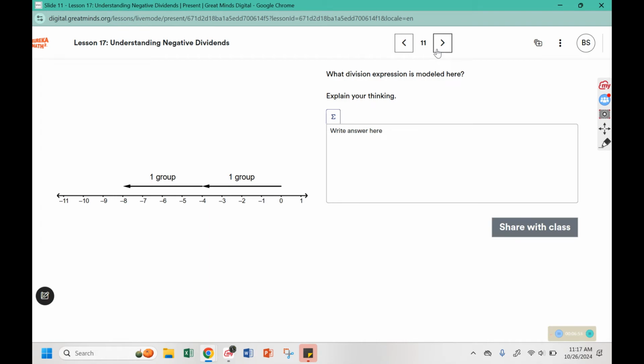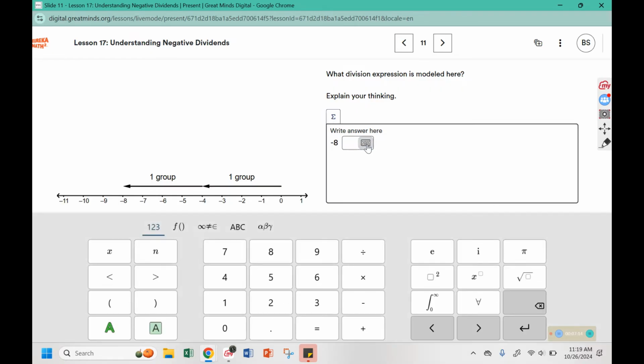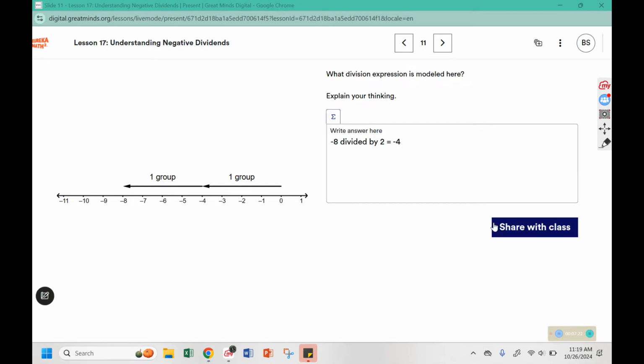What division expression is modeled here? Explain your thinking. We said that this was -8 because that's where it ends up, divided by 2, equals -4.